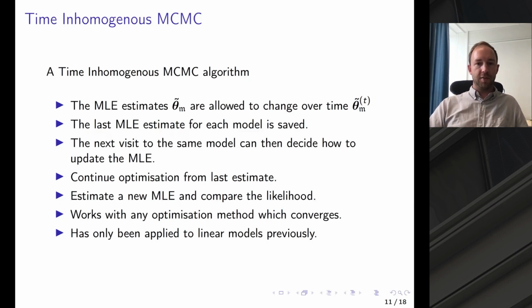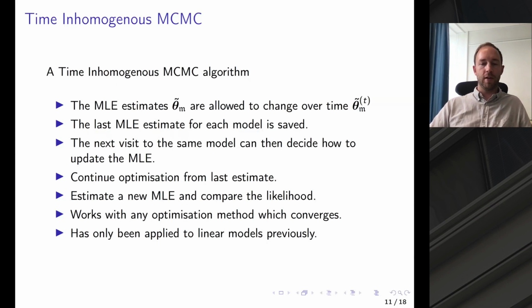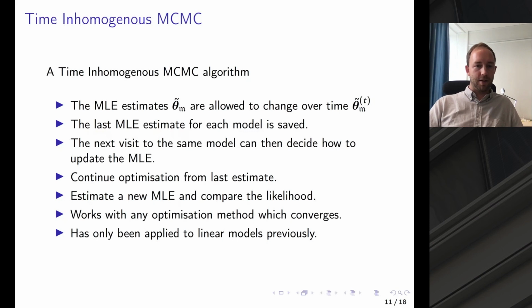The next visit to the same model can then decide how to update the MLE estimate. It can either continue optimization from the last estimate, or estimate a new MLE and compare the likelihood to see if we were closer to the exact MLE. This has been shown to work with any optimization method which converges, but it has only been applied to linear models previously.